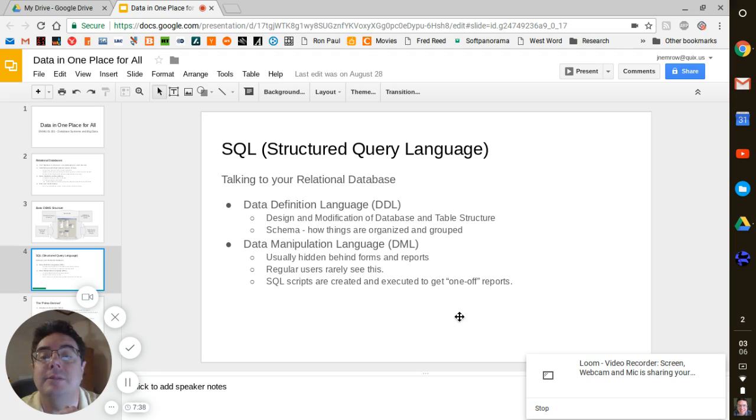The data manipulation language, the DML, is what gets used. I can't really say whether it's more or less. It gets used by different people. The data definition language gets used more by the designers of a certain database and what's inherent in its application, for lack of a better term.